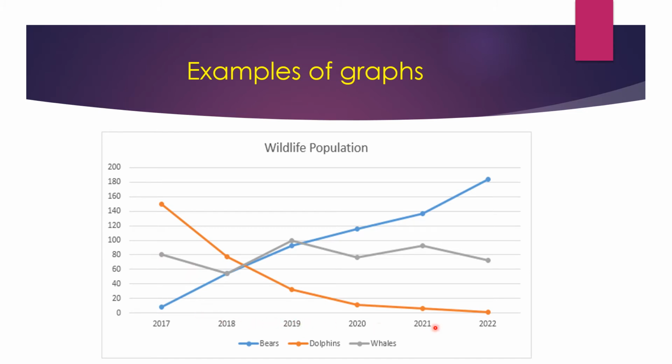But as the time passes until we reach 2022, the scientists predict that the number of bears is going to increase, the number of dolphins is going to decrease dramatically, and the number of dolphins will be less than the bears and much higher than the whales. Or the dolphins, sorry. So we can understand many things by just examining the graph.